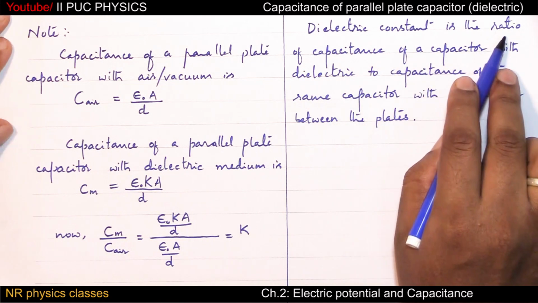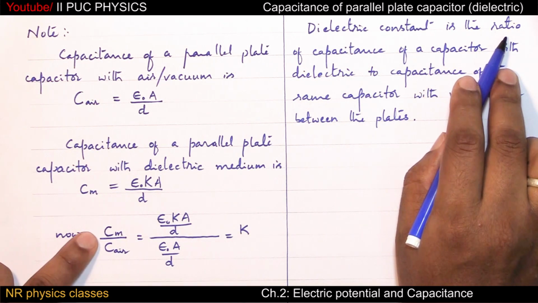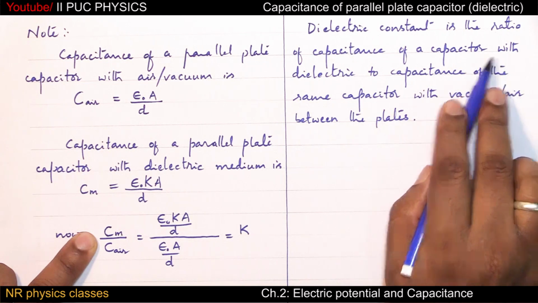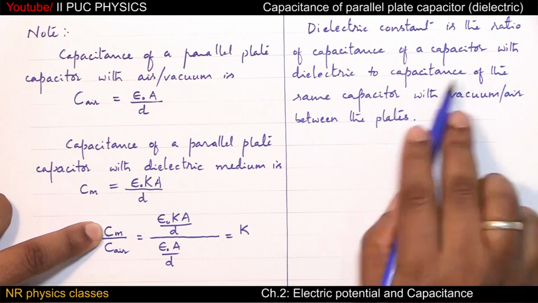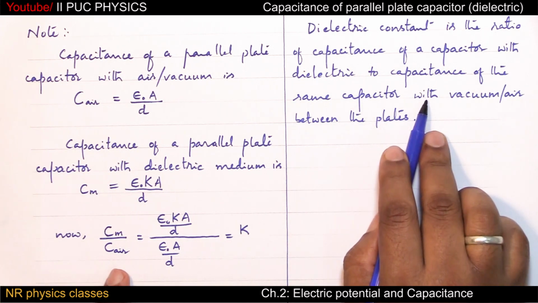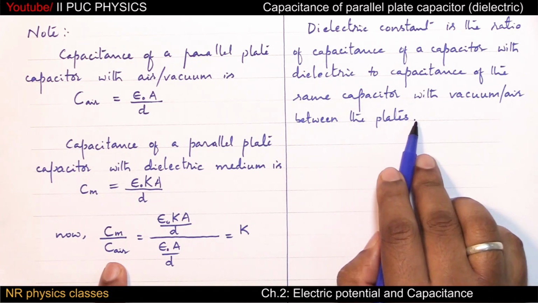Dielectric constant is the ratio of capacitance of the capacitor with dielectric, that is numerator, to capacitance of the same capacitor with air or vacuum between the plates.